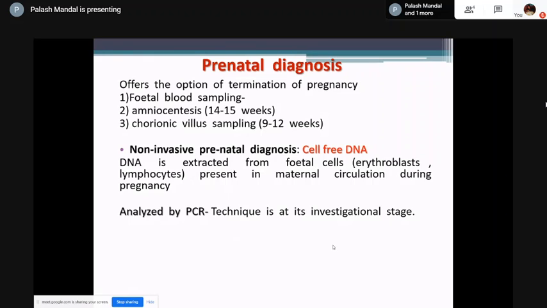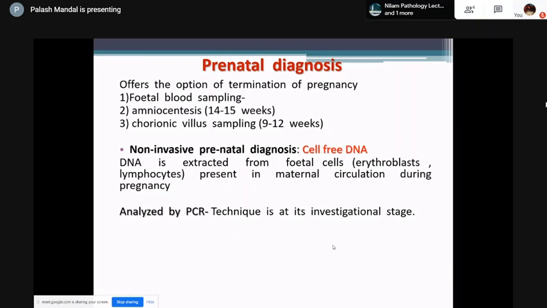Prenatal diagnosis: because you see, if the father is suffering from the disease and the mother is a carrier or a normal lady, or vice versa, the mother is a carrier and the father is normal, then we do not want a diseased offspring, isn't it?